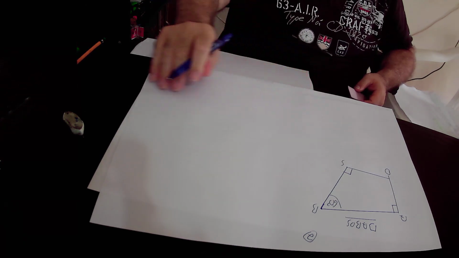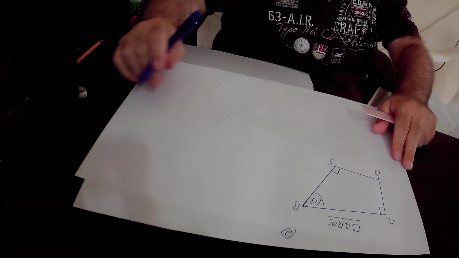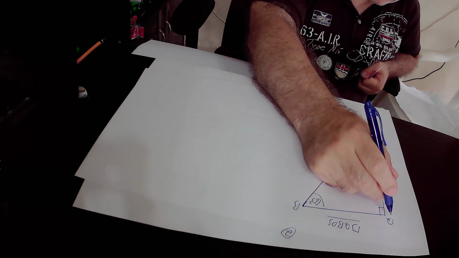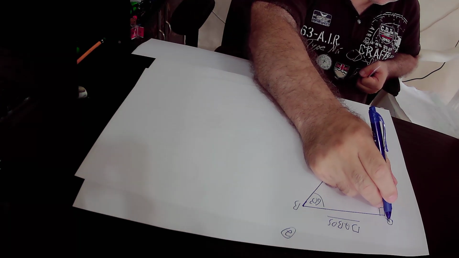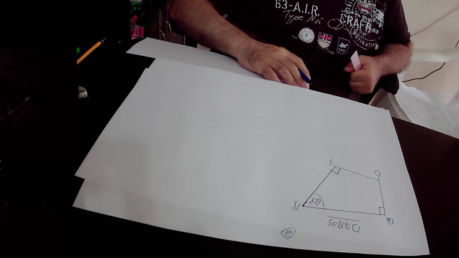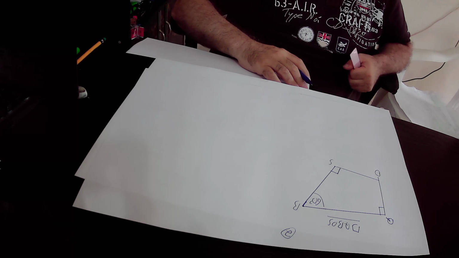So this is actually quadrilateral QBOS, the curvature of the original drawing. We know that the sum of the angles in any quadrilateral is equal to 360 degrees.